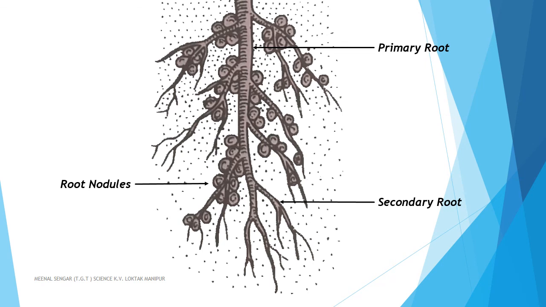But the plant helps the rhizobium bacterium with shelter, meaning plants give the space, their root nodules, in which rhizobium live. That means the plant provides shelter to the rhizobium bacterium, and the rhizobium bacterium gives the plant the nitrogen, which plants do not have the ability to absorb from the atmosphere.